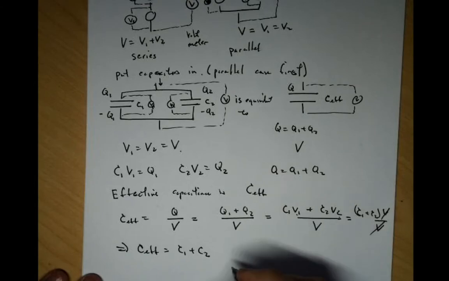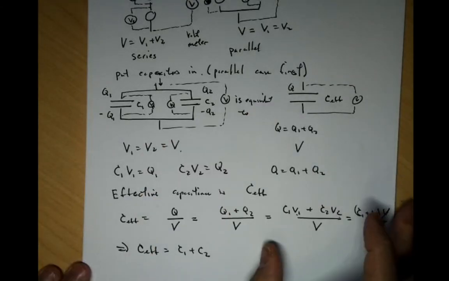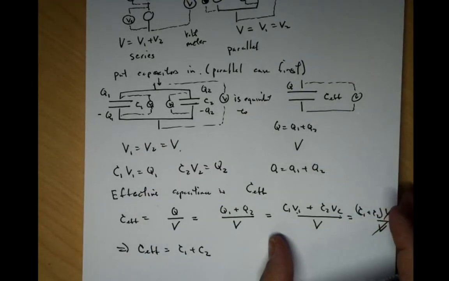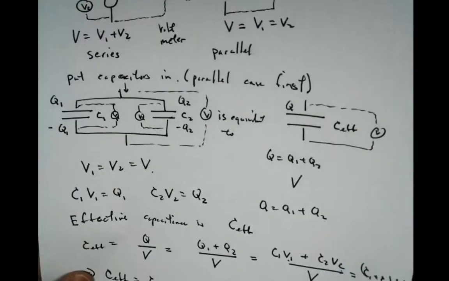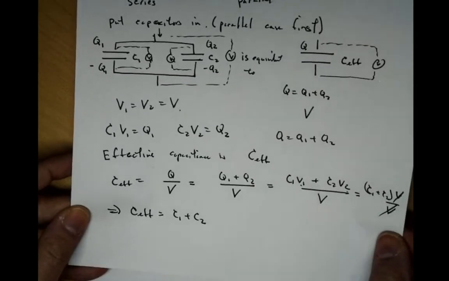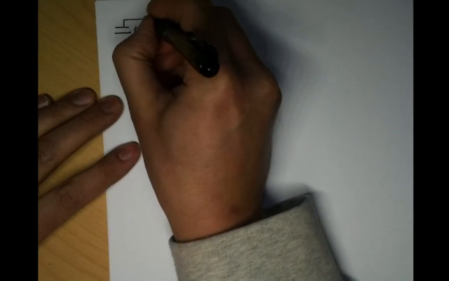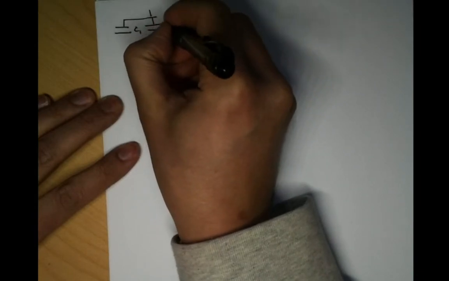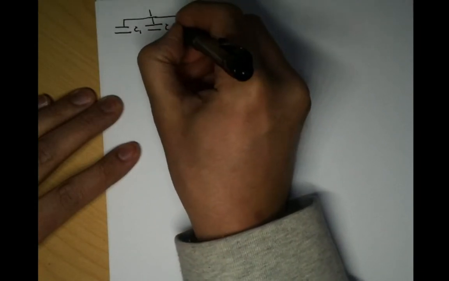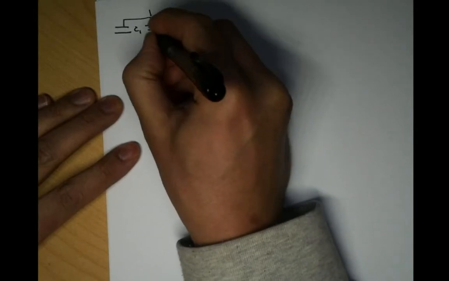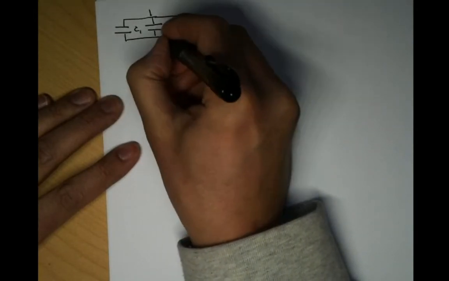So that's the first rule. You can sum up the capacitance of stuff in parallel. To drive this point home, we're going to consider three capacitors that are in parallel: C1, C2, C3, hooked up together.